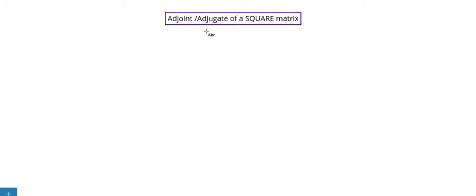Okay, so now let us take an example and see how to find the adjoint or adjugate of that matrix. Let A be a matrix. So this is a square matrix of order 3.